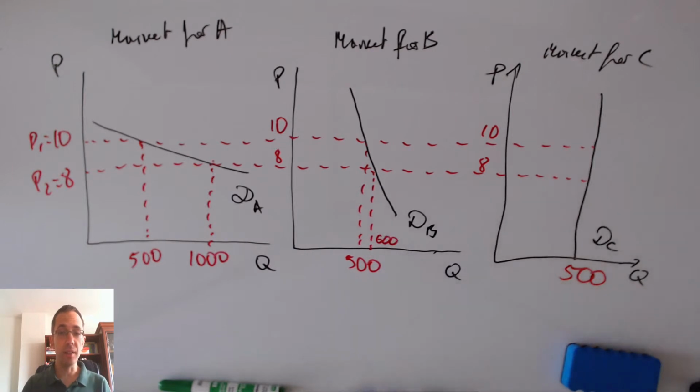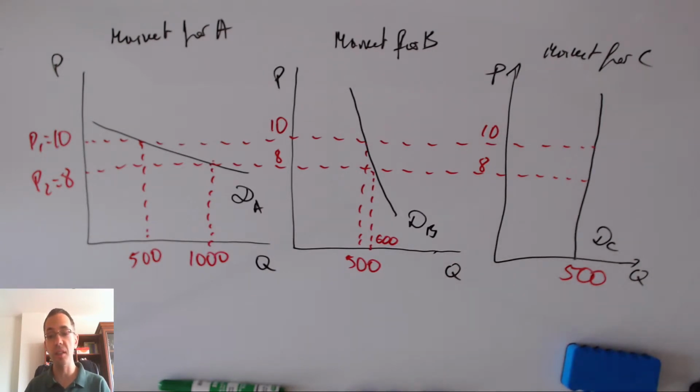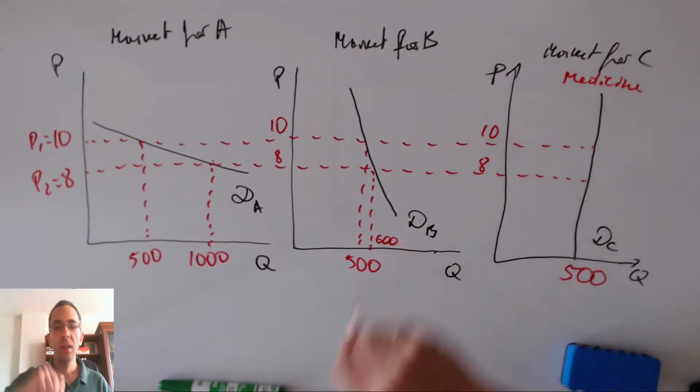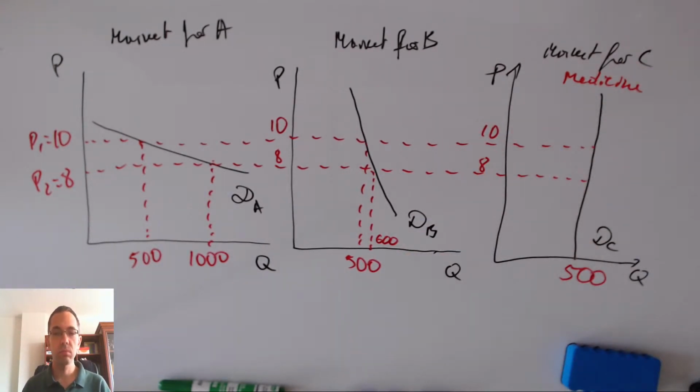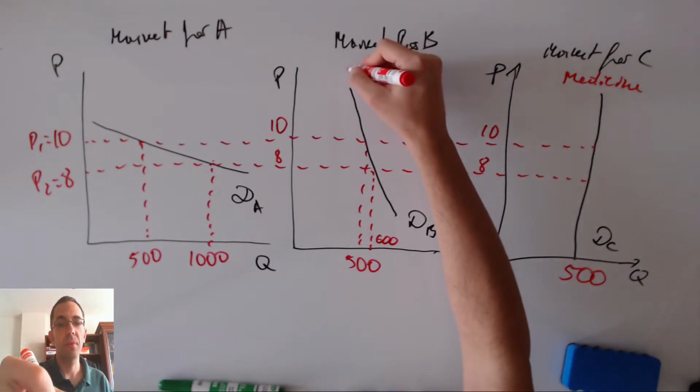In the second case, we observe a 20% decline in the price and a 20% increase in the quantity demanded. And this could be, actually let me say, this would be the medicine. This can be, I don't know, let's say beef.